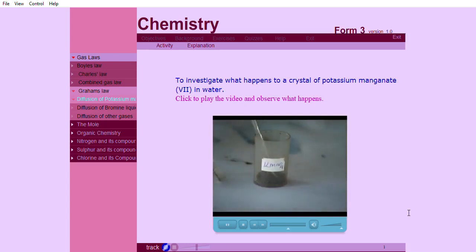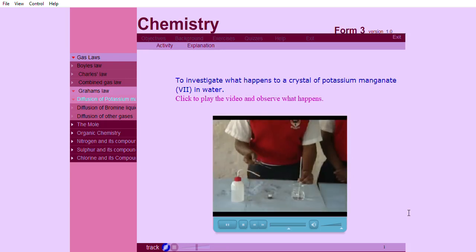Put a small crystal of potassium manganate(VII) into the middle of the beaker through the glass tube.